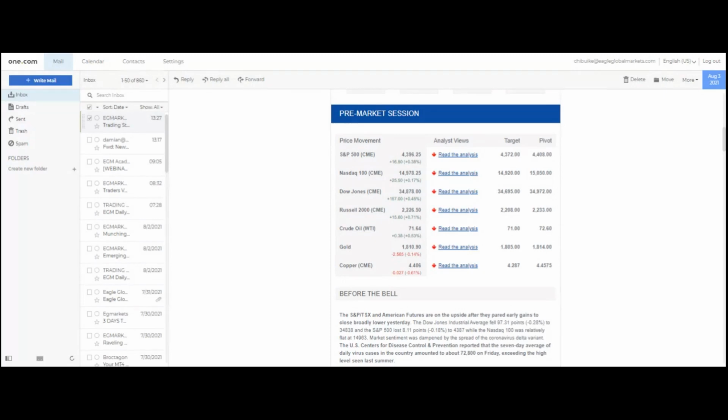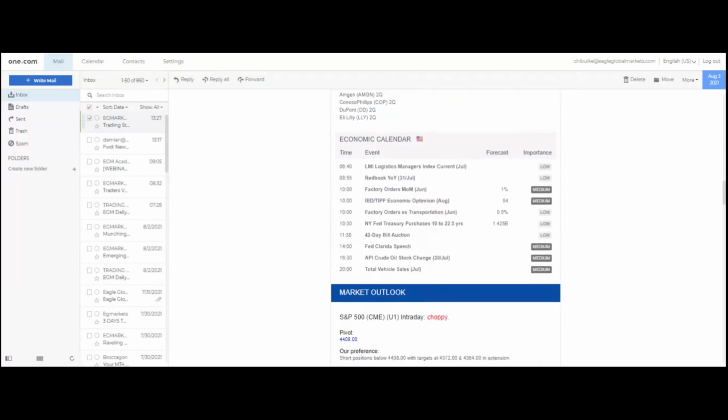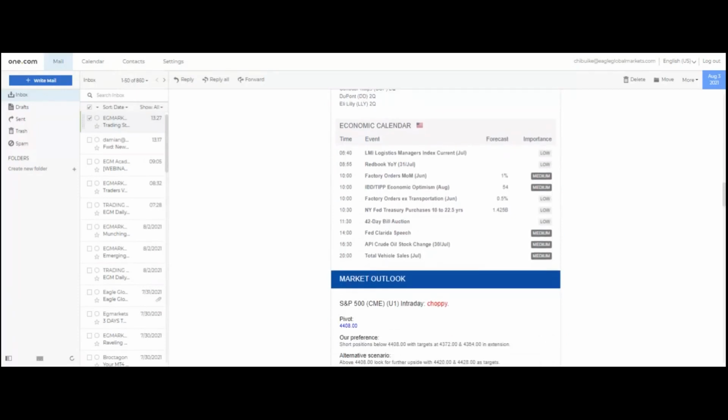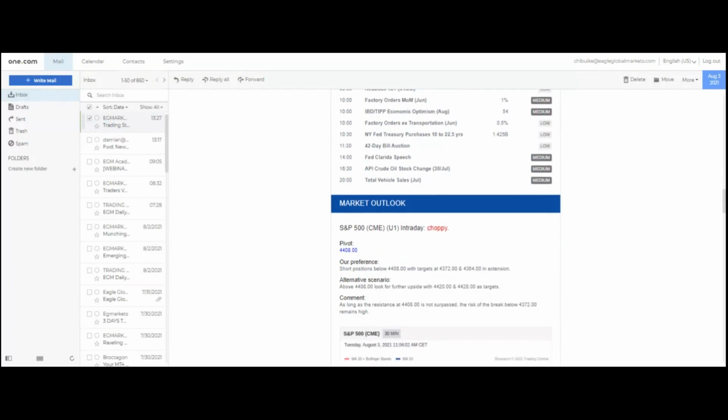You get signals about the S&P 500, the Nasdaq, the Dow Jones, the Russell 2000, crude oil, which is either US oil or UK oil, gold and copper. You can decide to trade every signal on each financial instrument, or you can pick a few that you want to trade.